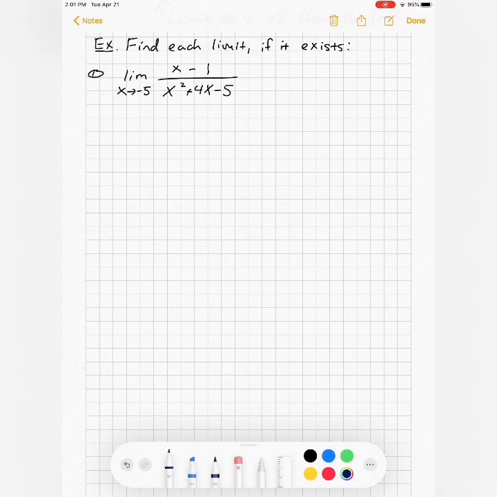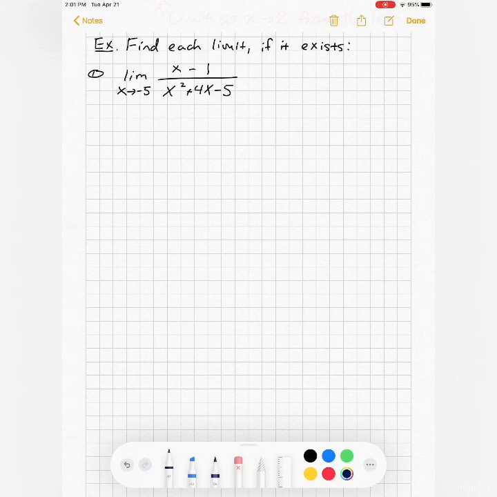Okay, so that was looking graphically. What we're going to look at next is a series of functions, and we're going to talk about some different ideas for how I might be able to evaluate these limits. So something like number 1, I have a rational function.